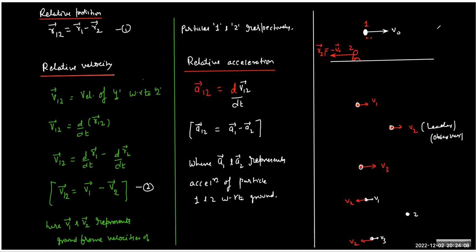Yes or no? Yes, sir. If I ask what is the velocity of 3 with respect to 2, what you will say? V3 minus V2 forward. Or V2 minus V3 backward. Correct. How many of you are able to realize this? Yes, sir. Everyone?